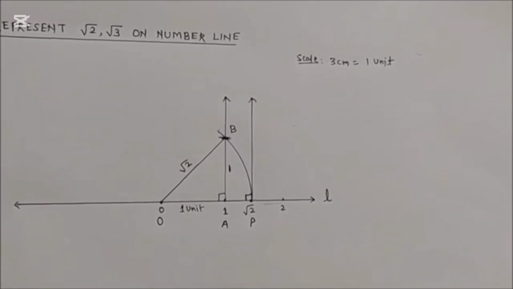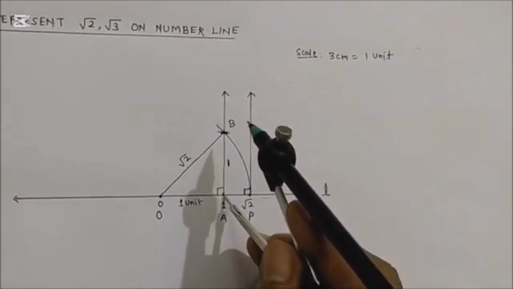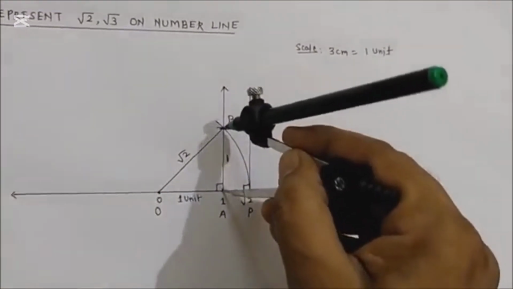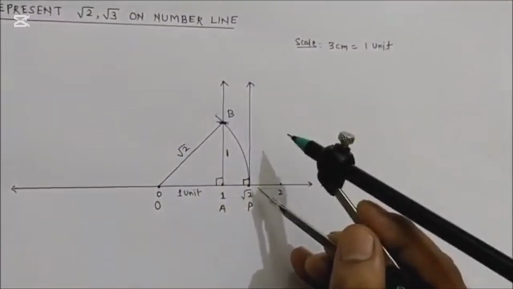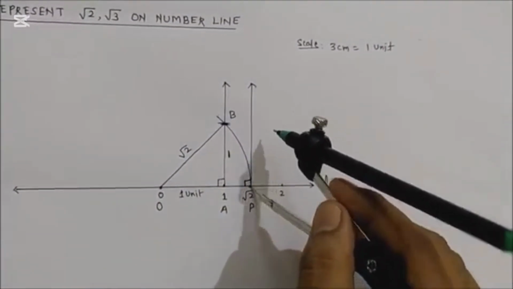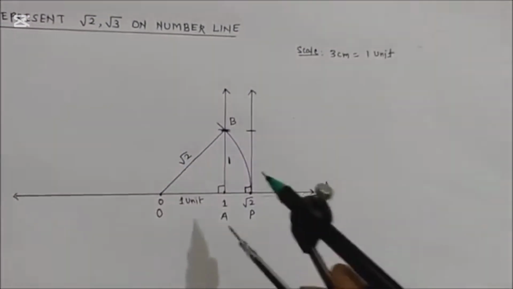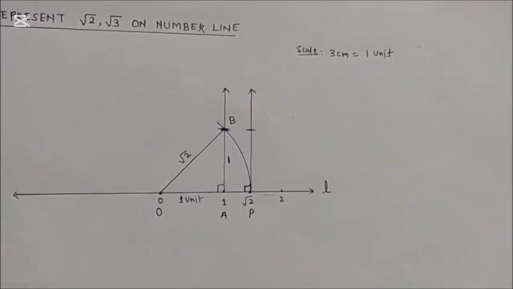After this, take the same distance of that 1 unit, compass on point P, and mark the arc, the same distance as A to B.